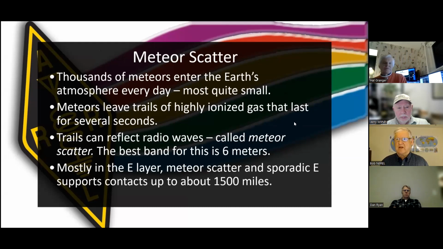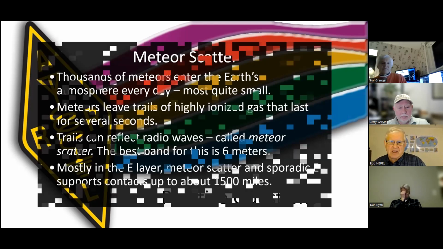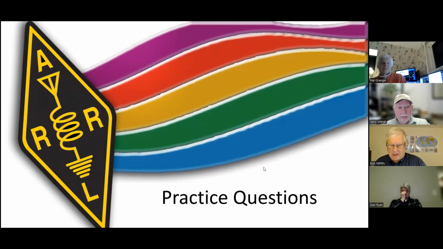You have to be kind of like a ham radio super jock to do that. They say contacts can go up to 1,500 miles, because you're bouncing your signal off something quite high in the atmosphere. Okay, that's the first part.